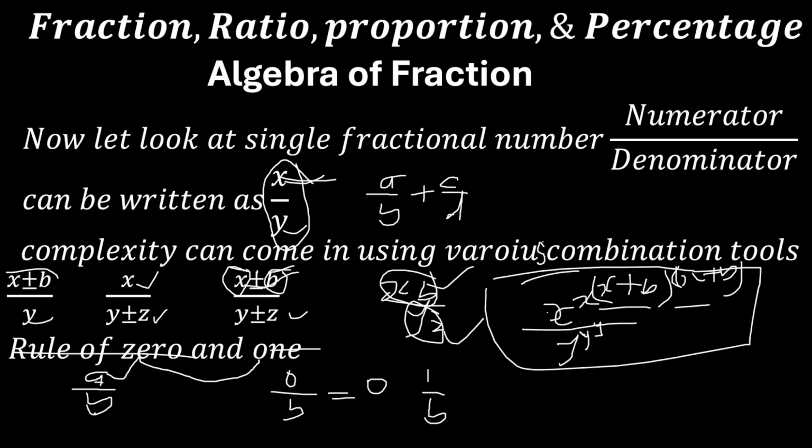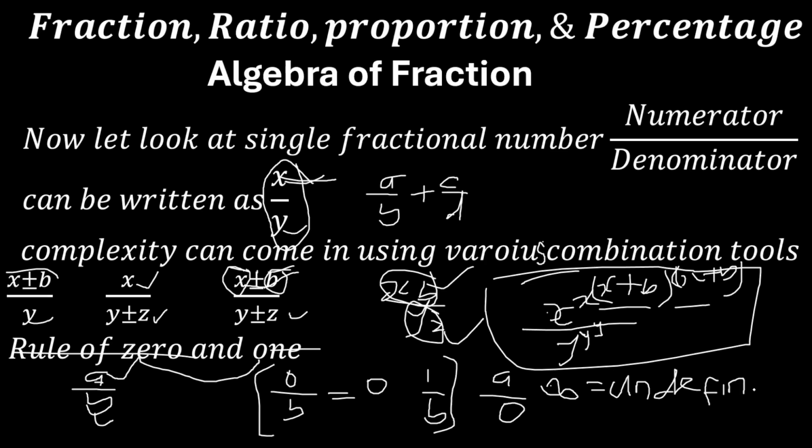Let us talk about the case where b is either 0 or 1. If b is 0, what will happen? We are going to have a divided by 0. Anything divided by 0 is infinity. In mathematics, we say that it is undefined or not defined.